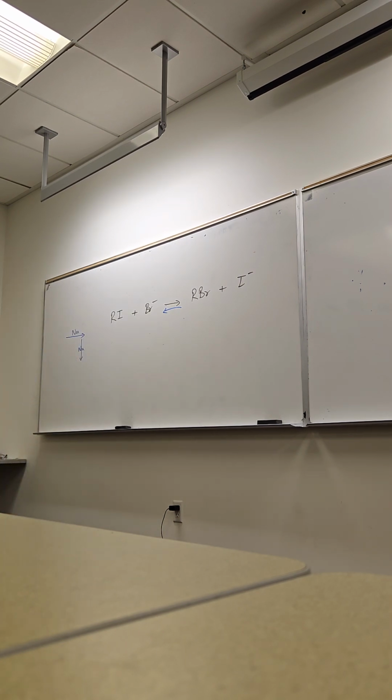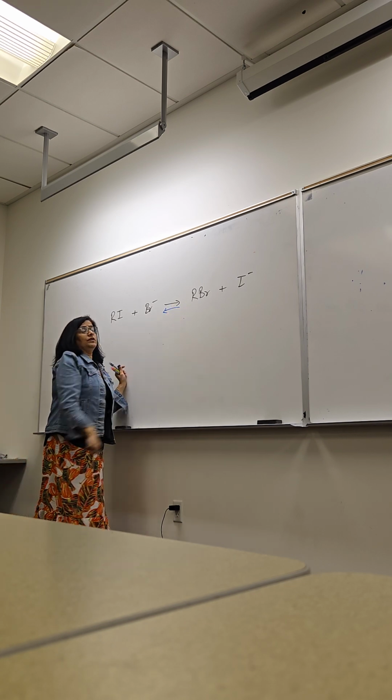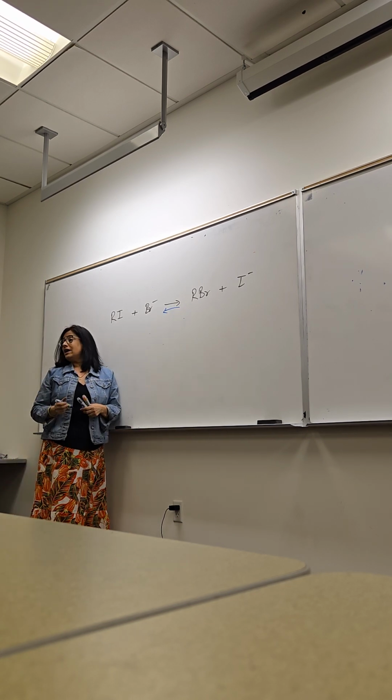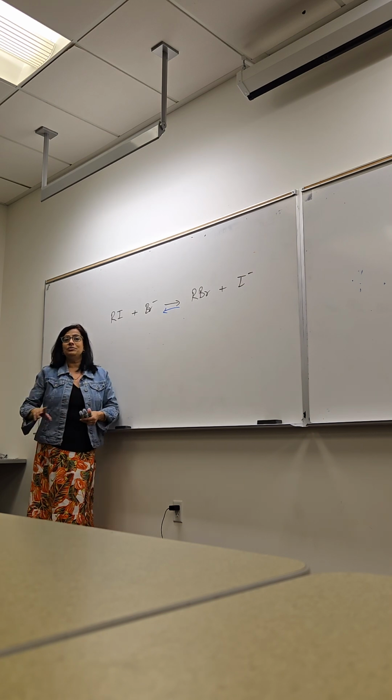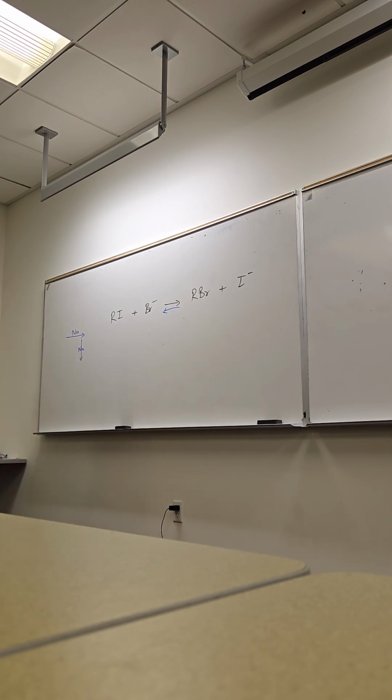But then when you have reversible reactions, they reach a point of equilibrium, right? And this you've done in Gen Chem. What's that rule that decides which direction the equilibrium lies in? Le Chatelier's principle. Exactly. So that comes into play.